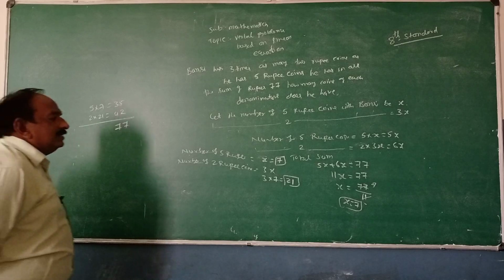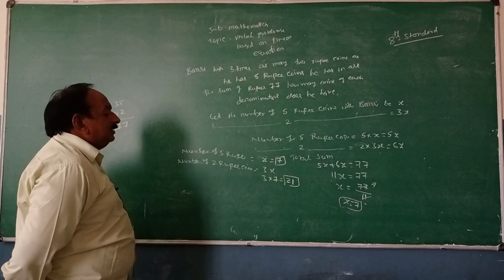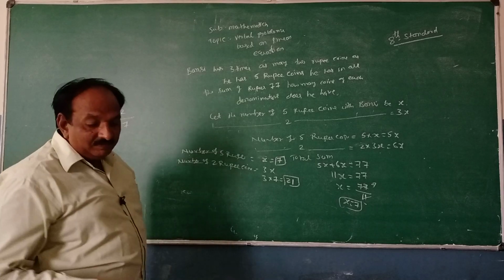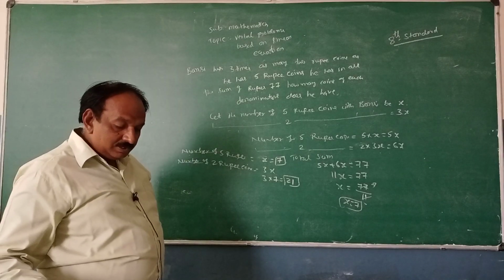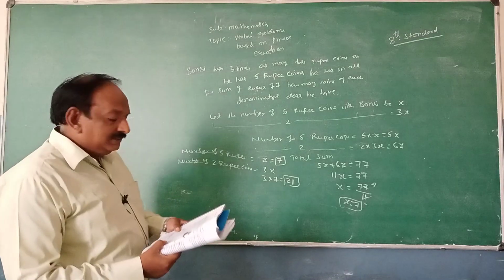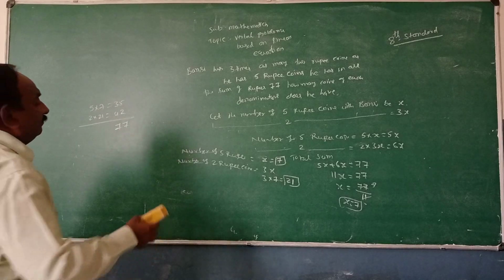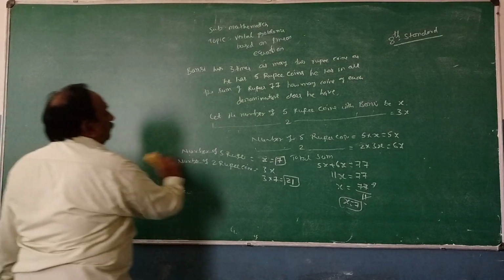Number of 5 rupee coins, x is equal to 7. Number of 2 rupee coins, 3x, 3 into 7, 7 3s are 21. So Bansi had 7 5 rupee coins and 21 2 rupee coins.